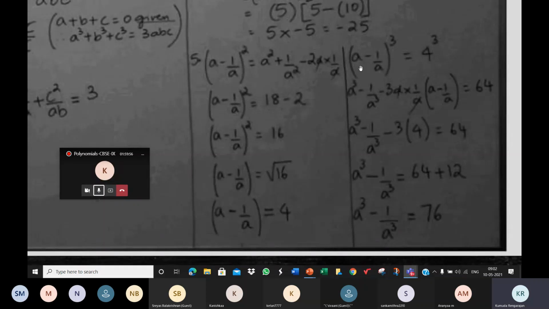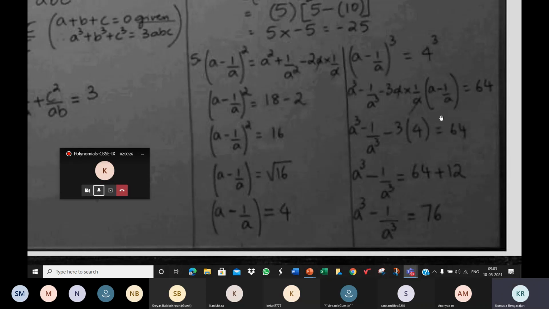You should use the identity correctly. x minus y the whole cubed is x cubed minus y cubed minus 3xy into x minus y, where x is a and y is 1 by a. 4 cubed is 64.